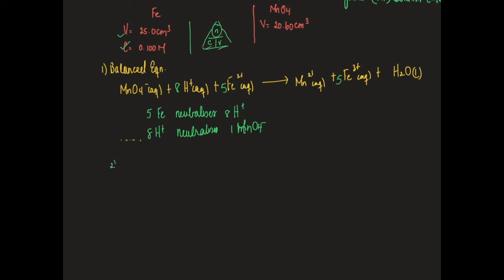So we're going to go ahead and calculate the moles of iron. We're going to write the equation here. Moles is equal to concentration by volume.